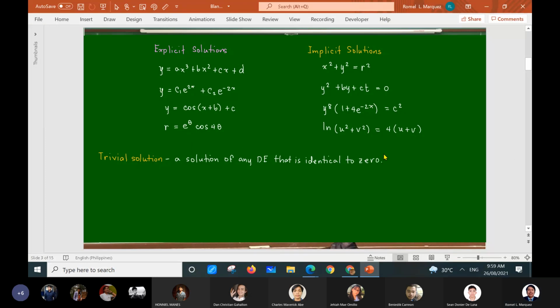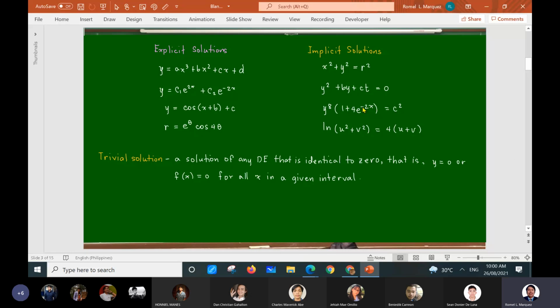So that is y equals 0 or f of x is equal to 0, for all x in a given interval. Okay? So that's what we mean by that. Obviously, that's the example: y equals 0, f of x equals 0. If w is your dependent variable, w equal to 0, depending, for instance, on t. So that is a trivial solution.